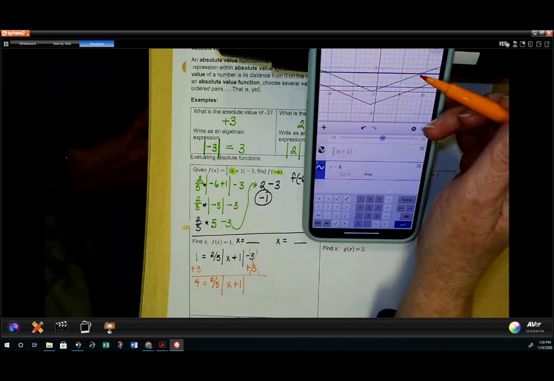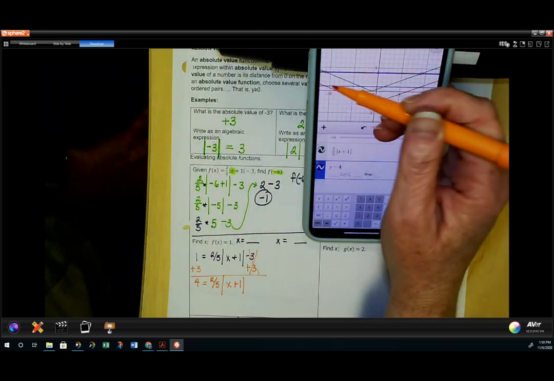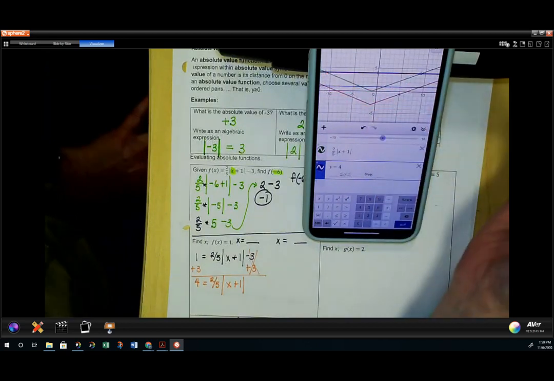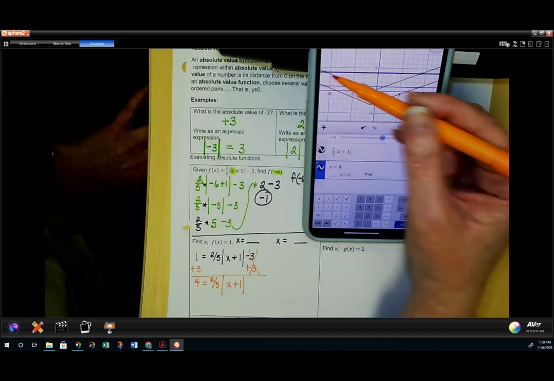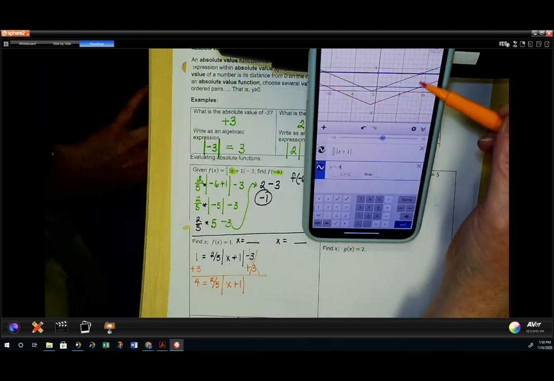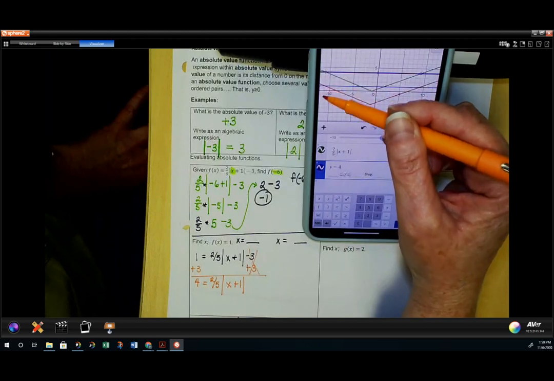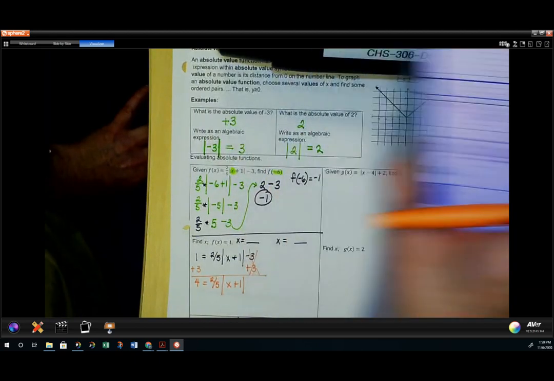If I look, this x value and this x value are exactly the same. This is why this works, because I'm looking for where my x's are going to be exactly the same.